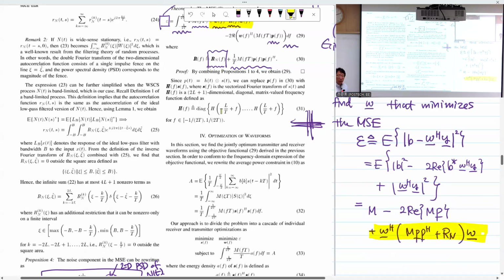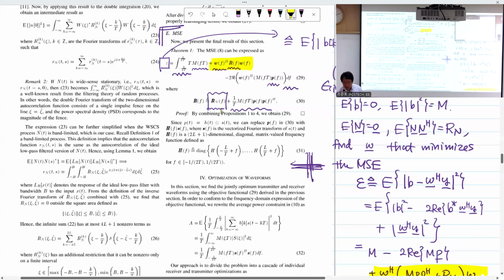And R is the correlation matrix of the received signal, not only the interference component but also the desired component. And we have the negative 2 times the real part of the desired component, and let me see, W Hermitian, yes.